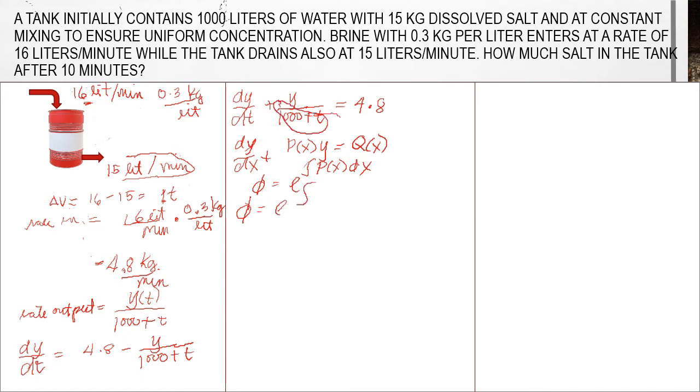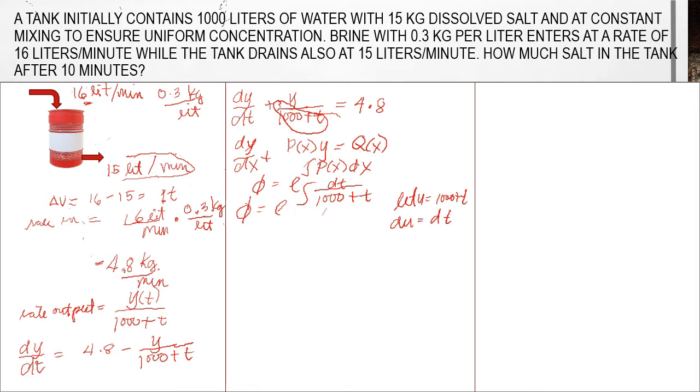Now, in this example, we have phi equals e to the integral of dt over 1000 plus t. Let u equal 1000 plus t, and du equals dt.